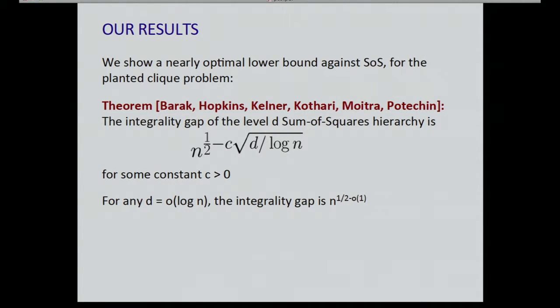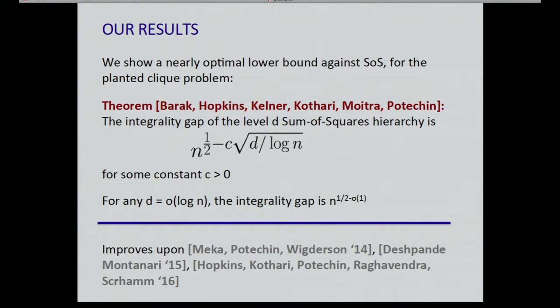To parse what the statement means: whenever you plug in d equals little o of log n, so instead of just d being constant, d is 100, where you still get an ungodly high polynomial time algorithm, even if you take it to be a very large super constant, you're still not able to find better than roughly root n size planted cliques. Sorry, this is for one particular formulation, the regular formulation. The regular formulation. Okay. Yep.